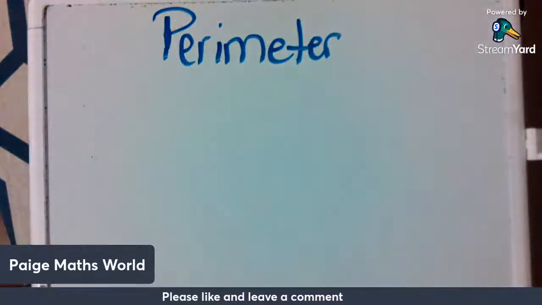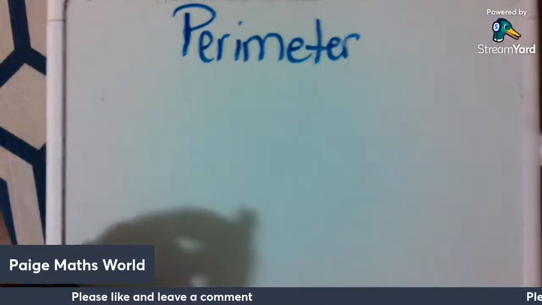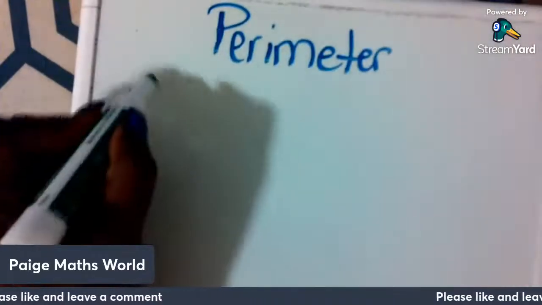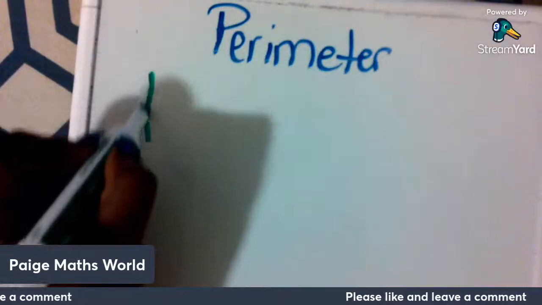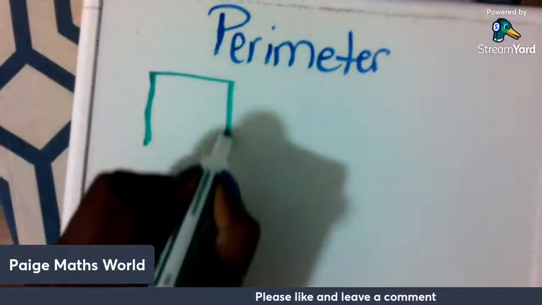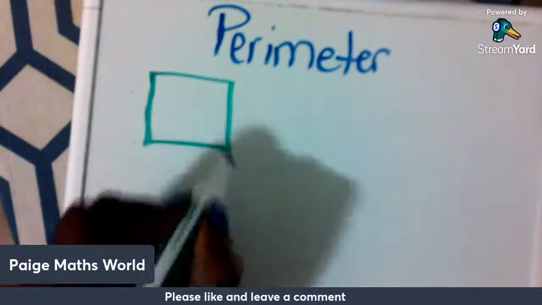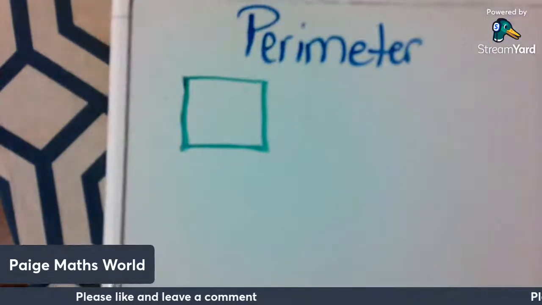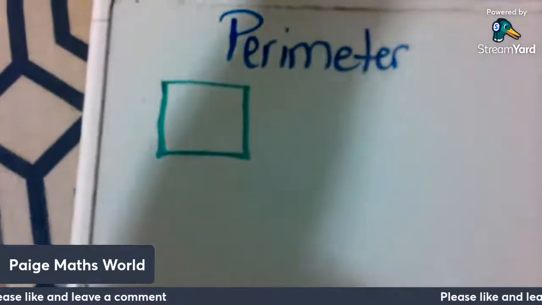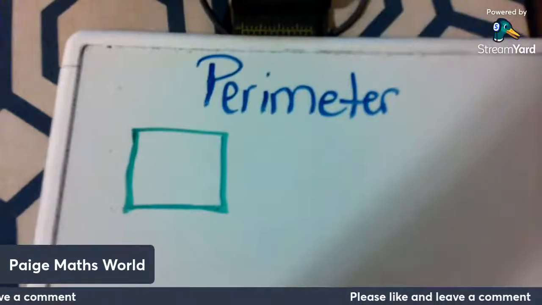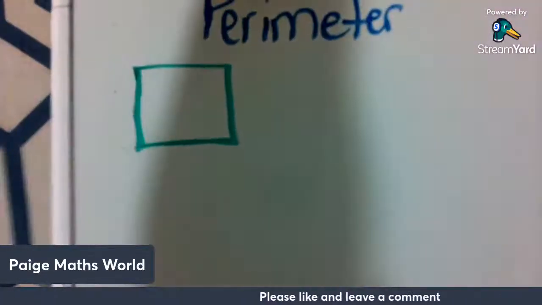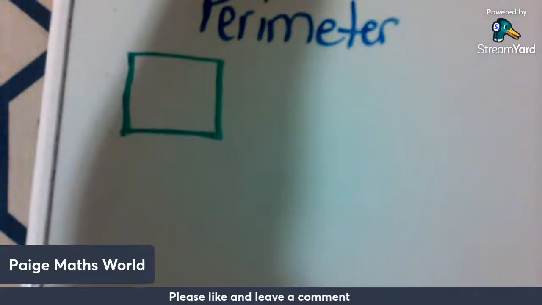So if we look at, say, I'm going to start very simple. We have a garden. Oh, that's not a straight line. And this garden is a square garden. Are you guys seeing it straight?